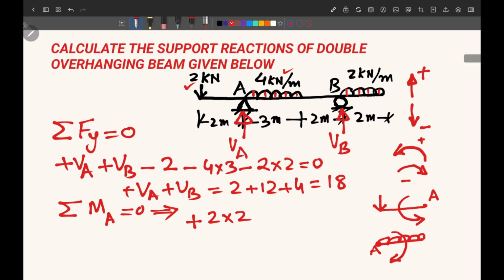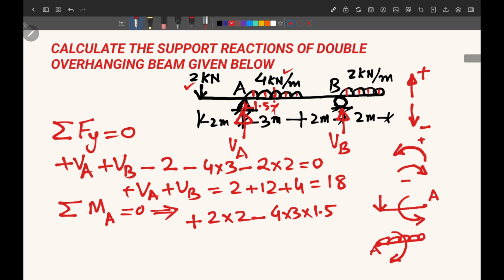Clockwise moments we are taking as negative. So minus 4 into 3 into how much distance? Look at the center of this UDL. The center of this UDL is at a distance of 1.5. So we multiply by 1.5.